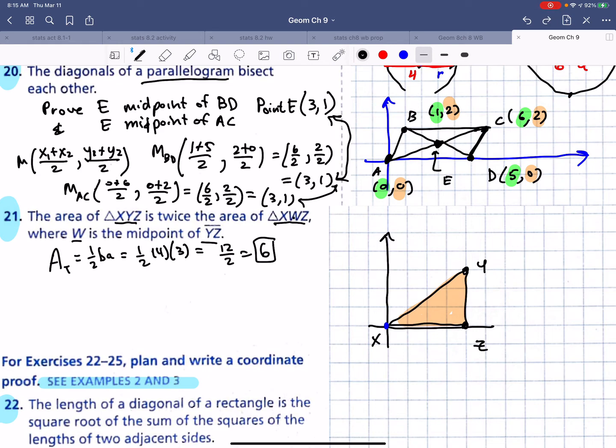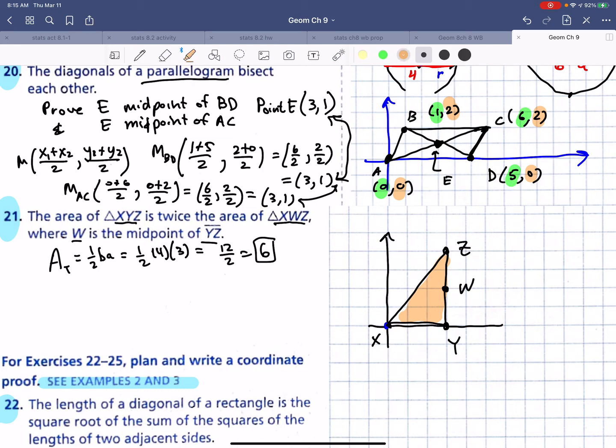I kind of want a midpoint that's not a half coordinate. So I'm going to make this Y, I'm going to go Z. Yeah, because that's still a true statement. But now it's saying I want W to be the midpoint here, and I like that it falls right there, okay?